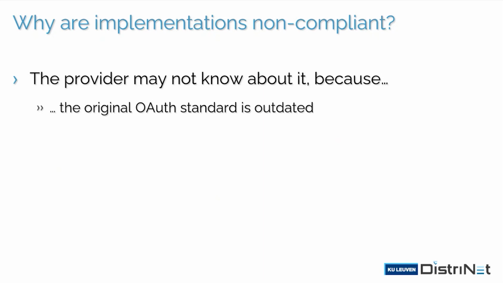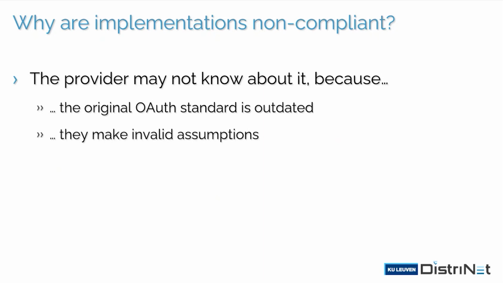But we actually had one company that said, well, we implemented the OAuth RFC, but we're not going to implement the OAuth security best practices because it's not an RFC yet, it's a draft. Yeah, okay, but that doesn't really make sense, right? I mean, this is the document with all the latest information about the security of OAuth, and you're not going to do that because it's a draft. Okay, well, it's a choice.